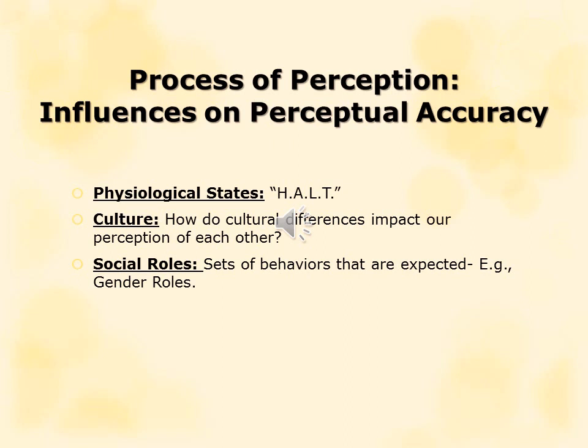Finally, social roles. These are sets of behavior that are expected, for example, gender roles. Traditional American gender roles, as they were in the 1950s, were that the man was the earner.